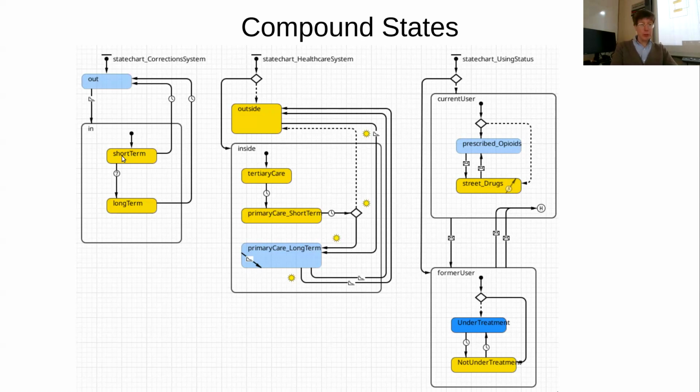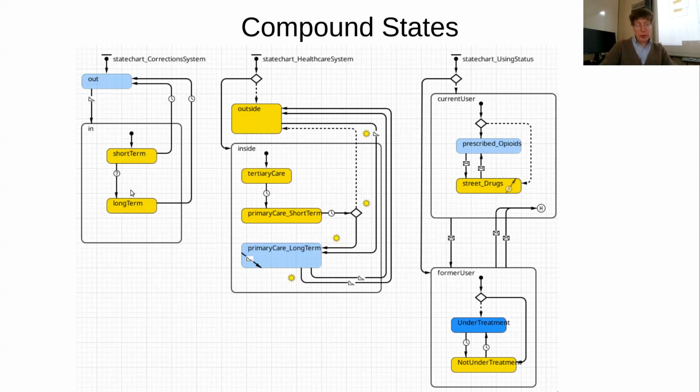A third feature is that you can have entries to this compound state that go to it as a whole, and it will then route you to the appropriate state within it. So, for example, if I go into the correction system, I will start here in short term and then go to long term.